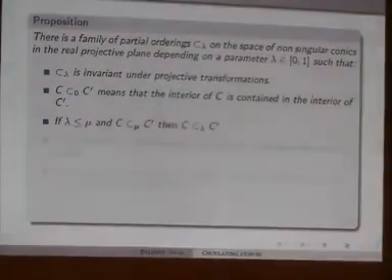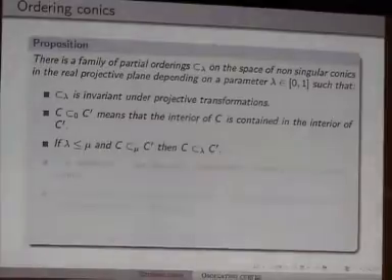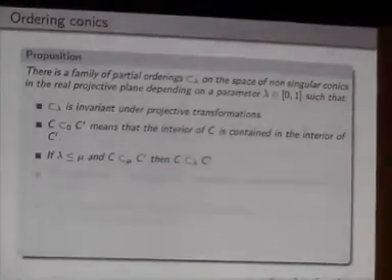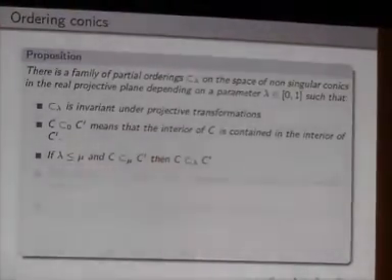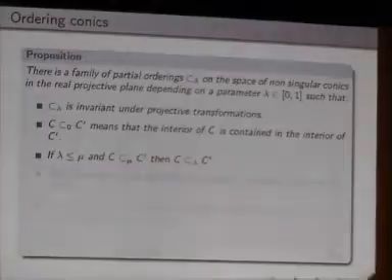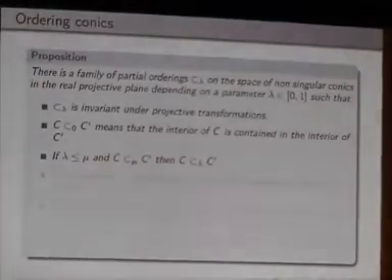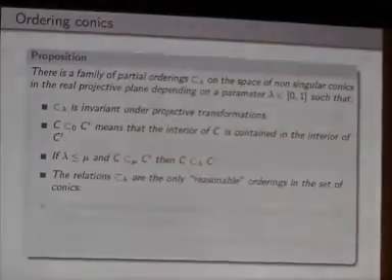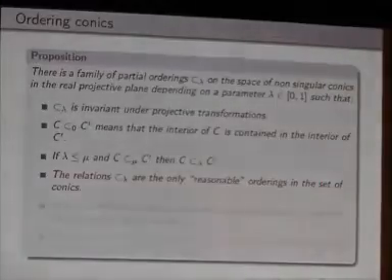So when lambda is less than mu, and if a conic C is contained sub mu in C prime, then the conic C is contained sub lambda in C prime. 4, I should define what this means, but there is no other way to do it than these two. I mean, there is only one family of ordering.